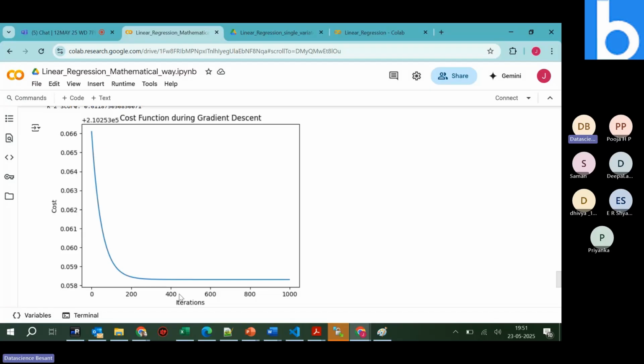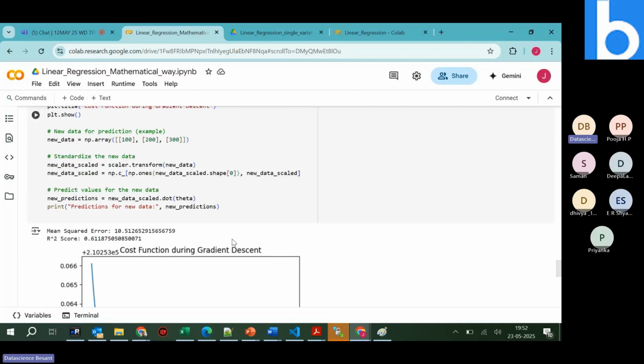Because you're getting the same cost after the 200th iteration, it means the slope and the intercept are not changing. That is what I'm trying to explain here.